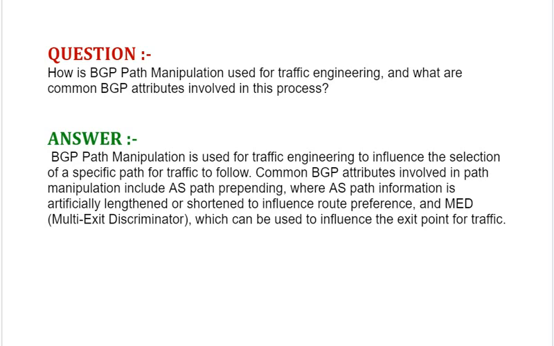Common BGP attributes involved in path manipulation include AS path prepending, where AS path information is artificially lengthened or shortened to influence route preference, and MED (multi-exit discriminator), which can be used to influence the exit point for traffic.